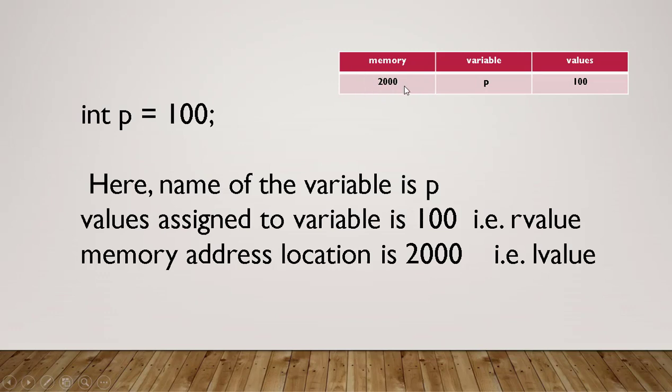In the 2000 memory location this value is stored. Here the name of the variable is p, and 100 is the value that has been assigned to p, that is the R value. And the memory address of the location where this 100 is stored, the 2000 location, is called the L value.